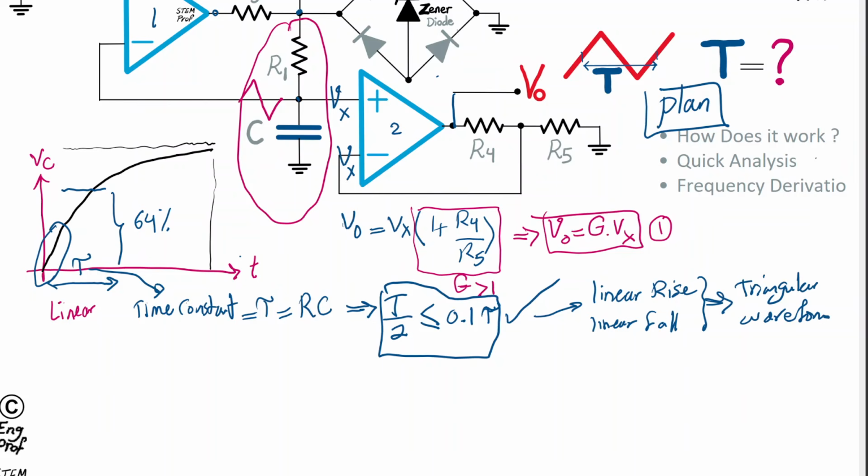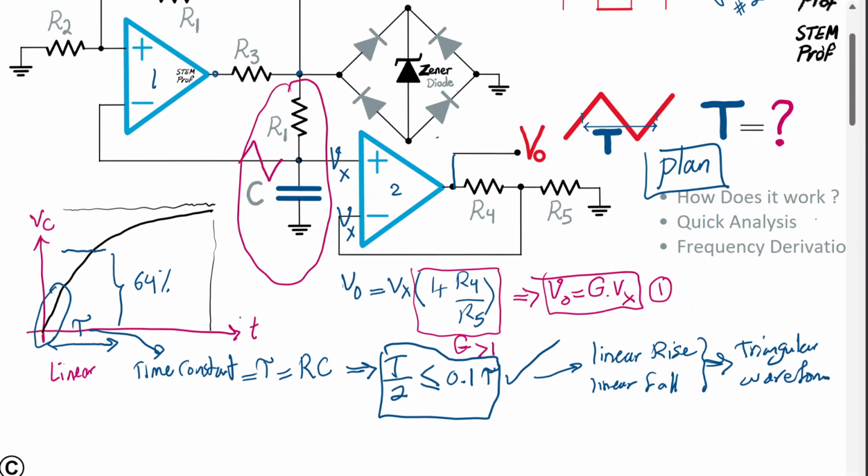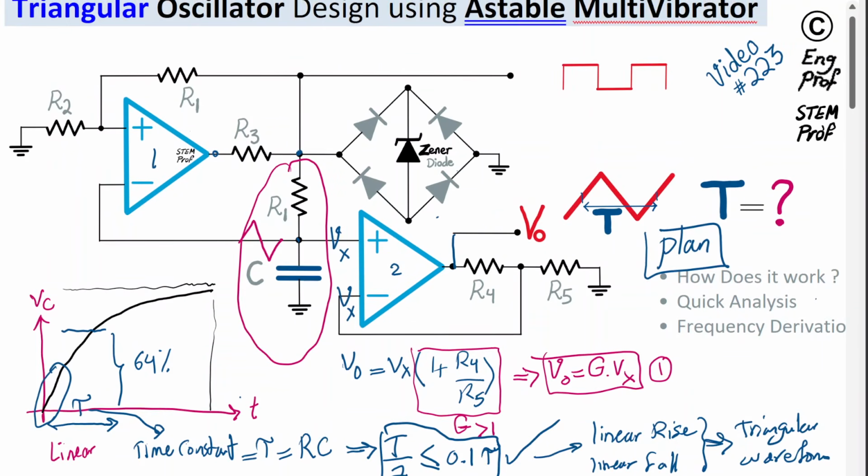So that's one important condition that we have. We have to make sure that the RC time constant has the proper relationship with the period of the target triangular waveform.